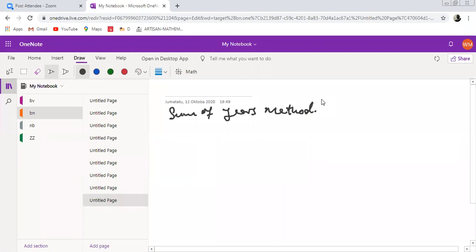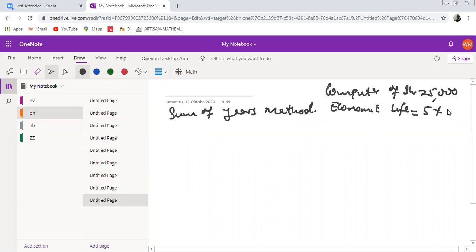Let me do it using this example. You can be told we bought a computer of shillings 25,000. The economic or useful life is 5 years. Now you are told to calculate the depreciation per year using the sum of years method, sometimes known as the sum of digits method.